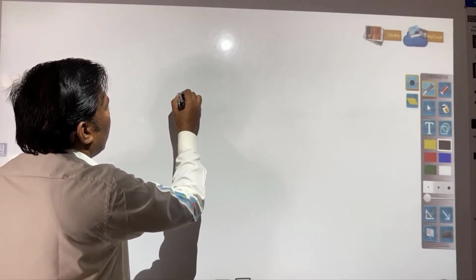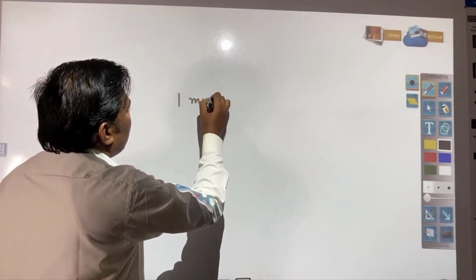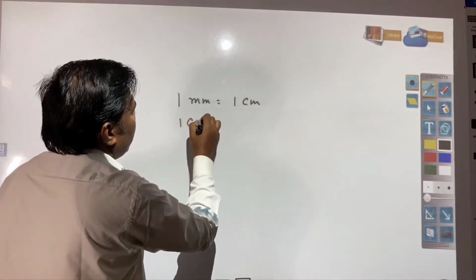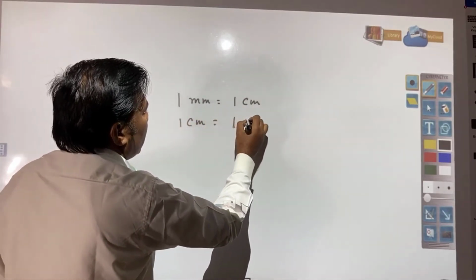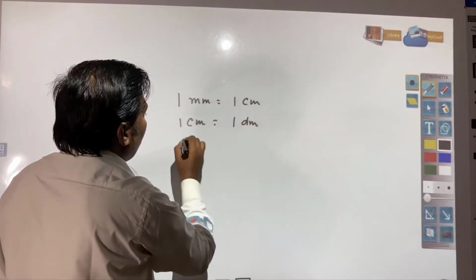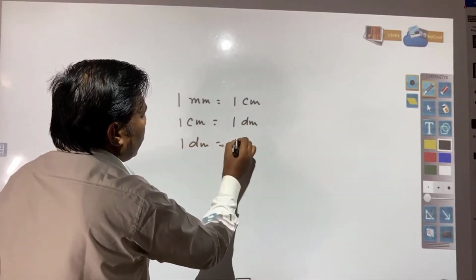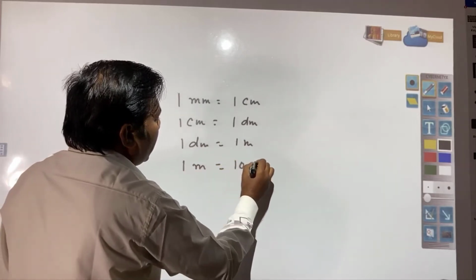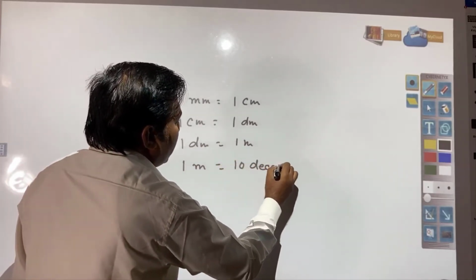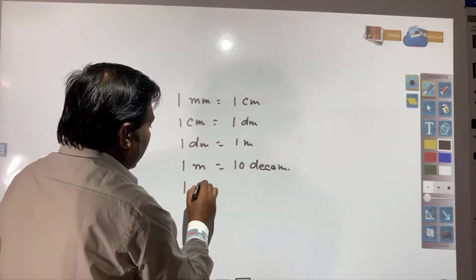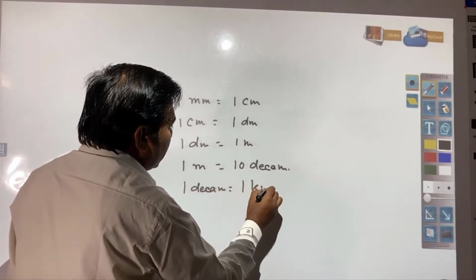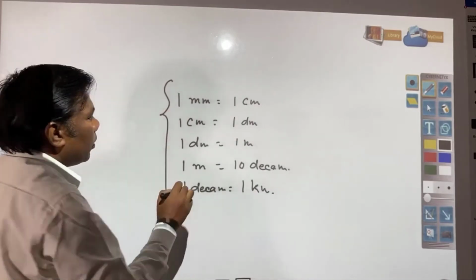Here you see, 10 millimeter is equal to 1 centimeter. 10 centimeter is equal to 1 decimeter. 10 decimeter is equal to 1 meter. 10 meter is equal to 1 decameter. 1000 meter is equal to 1 kilometer. This much you must remember.